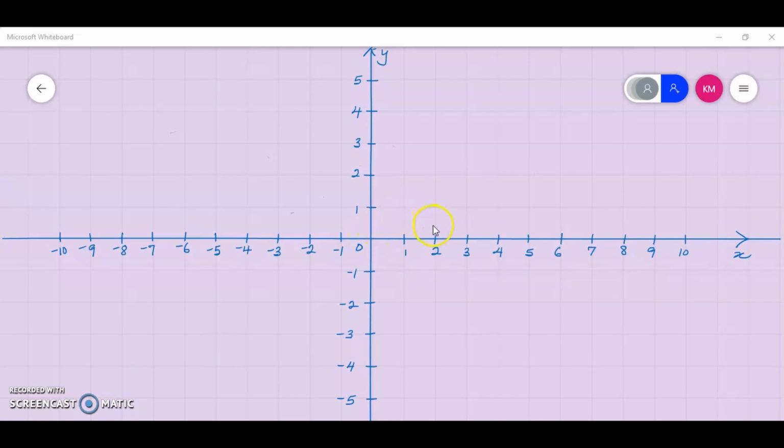To the right of my origin, I have my positive x-axis. To the left of my origin, I have my negative x-axis. Above my origin, I have my positive y-axis, and below my origin, I have my negative y-axis. So that is basically a quick review of how to go about numbering or graduating your axes to form your Cartesian plane. Now let's have a look at an equation.